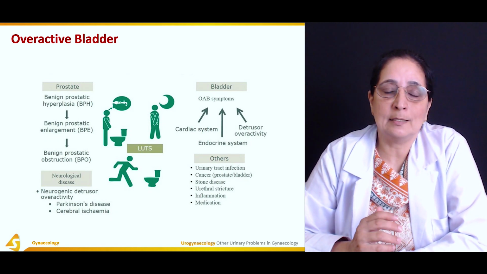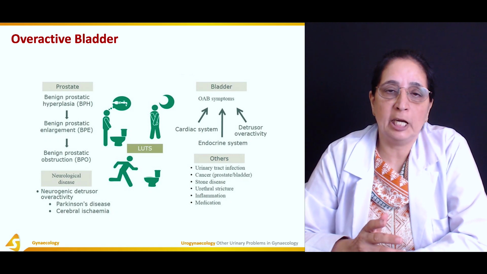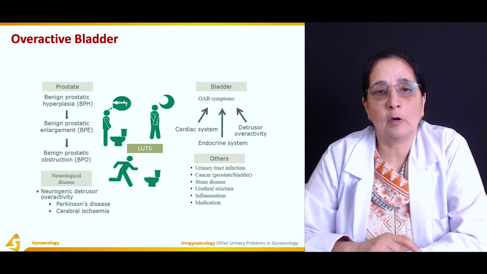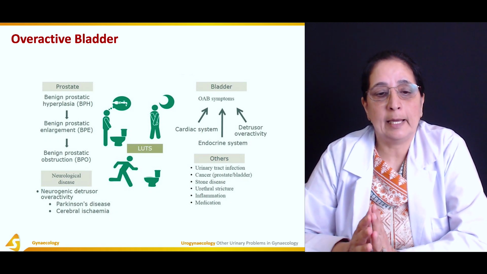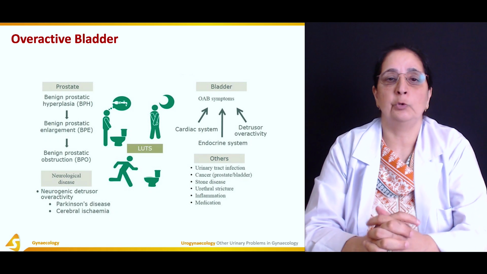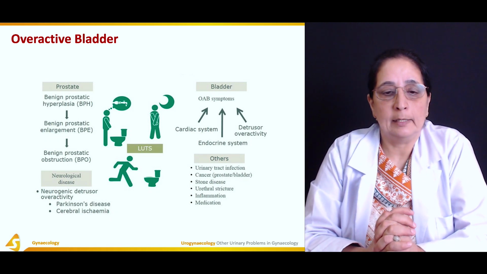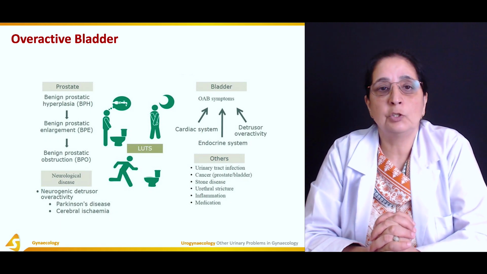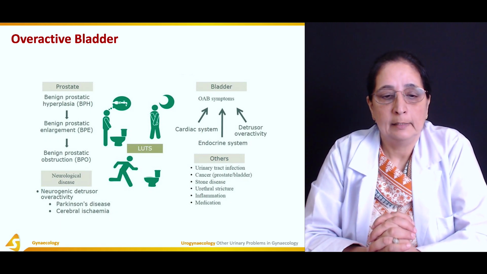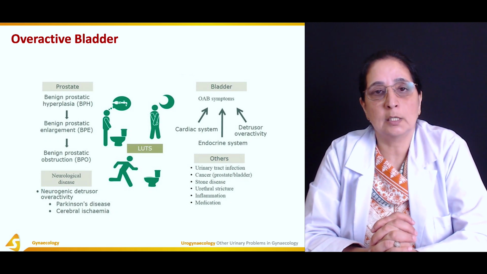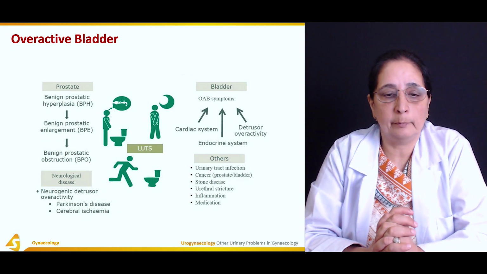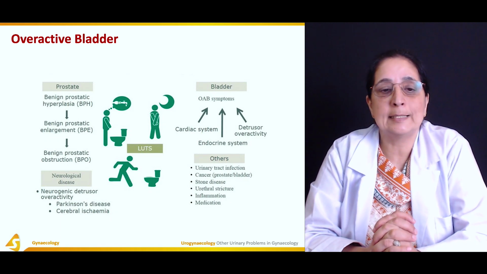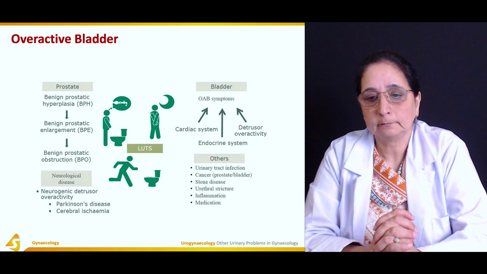When that gland is enlarged, when there is BPH or benign prostatic hypertrophy or benign prostate enlargement, it can cause obstruction to the urine outflow, and this benign prostatic obstruction can lead to overactive bladder. Then we have neurological causes that can lead to overactive bladder, in which Parkinson's disease and cerebral ischemia are common.